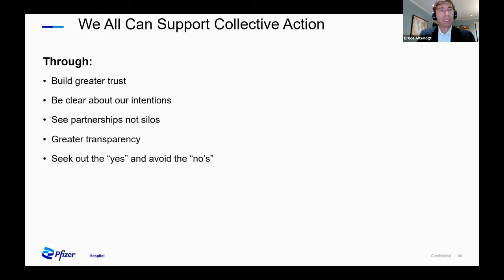Through all of these key points, I think will enable the industry to work more and work better and more constructively with government partners, with academic partners, and with other funding organizations. And think about how we can improve the way in which we work together so that we're meeting the needs of the patient.